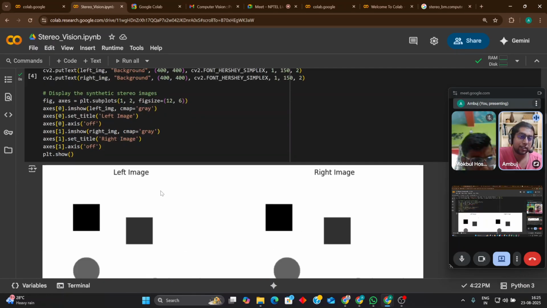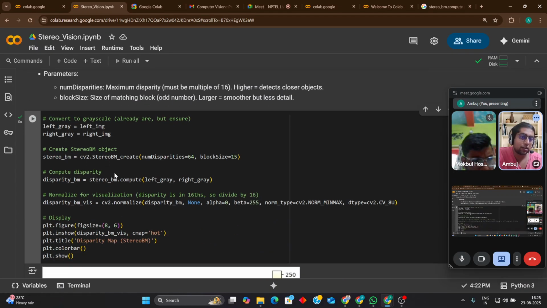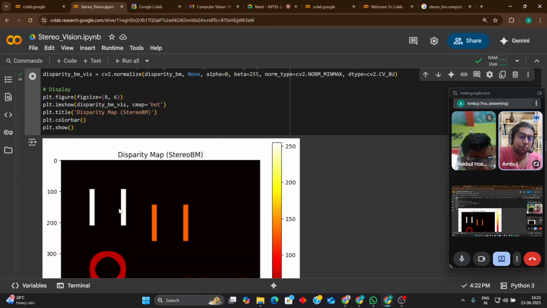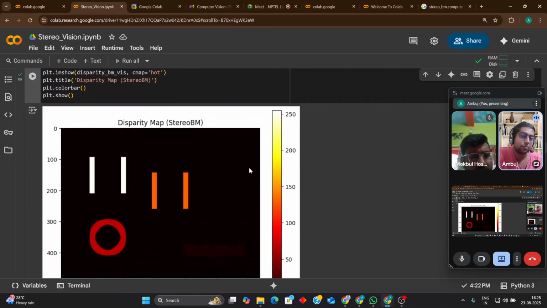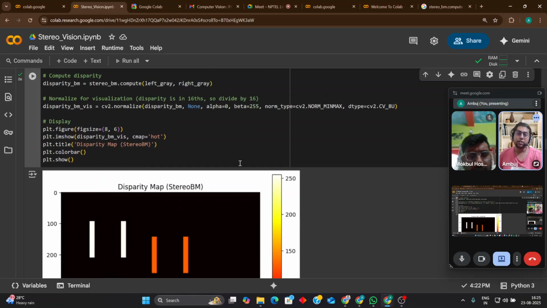The original image which I created was this one, and this one is the disparity map. Disparity in terms of pixels has been calculated, and some of the principal areas it has already marked. Similarly, I have used the matplotlib cmap function. You can use anything, hot, cool, a lot of attributes are there.